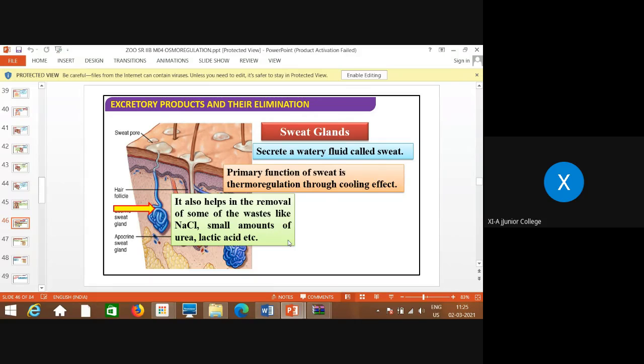Sweat is released through these glands, which gives the cooling effect, that means the temperature of the body is maintained. It also helps in removal of some waste like NaCl, small amounts of urea and lactic acid along with water.